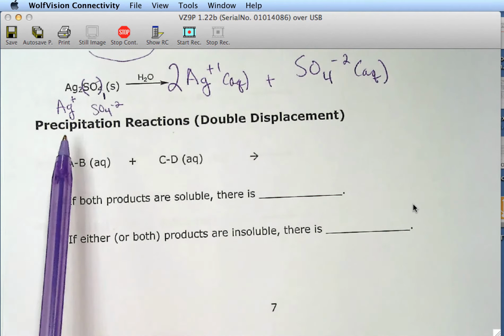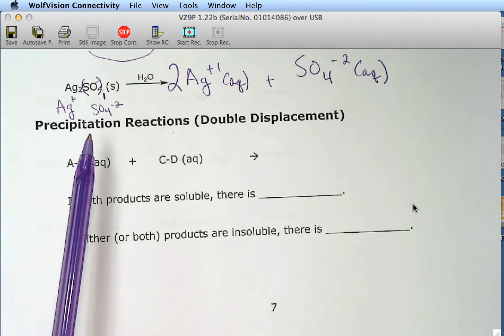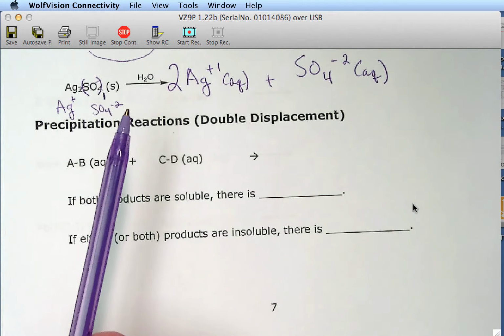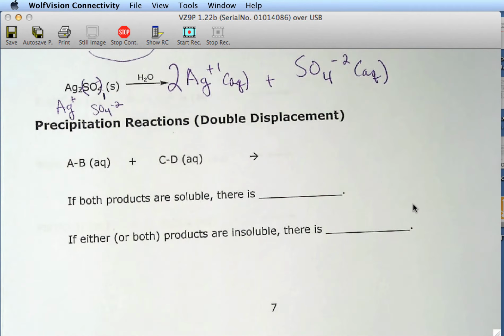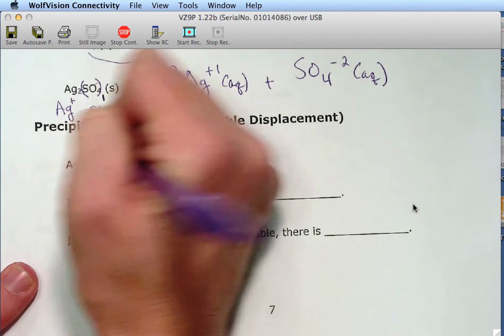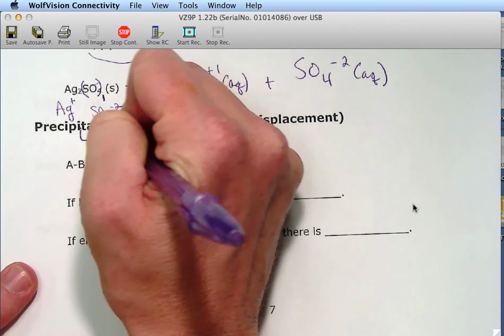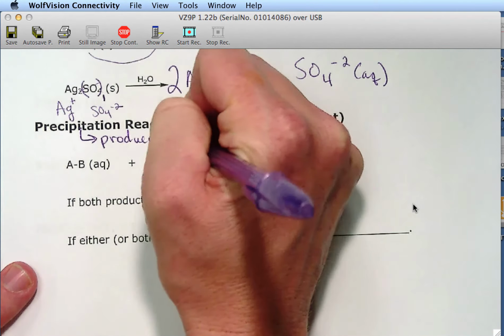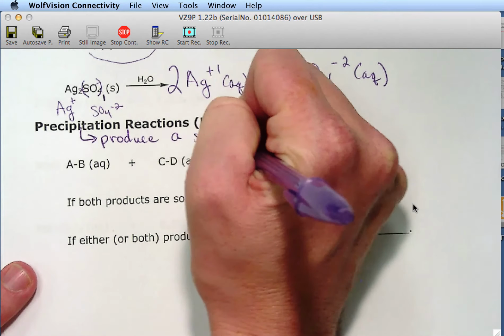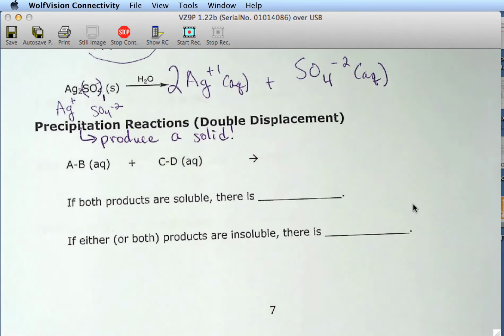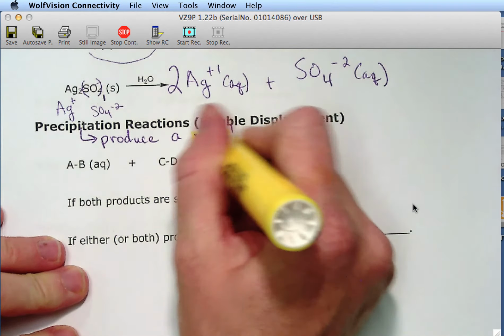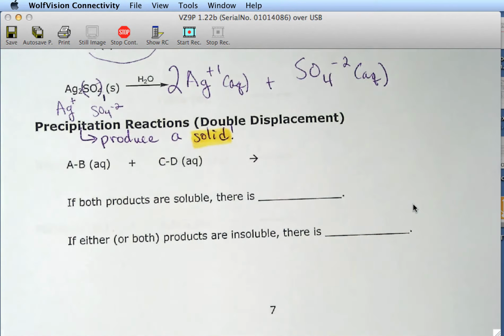In chemistry, when we say precipitate, we mean a solid. So these are reactions in which a solid forms. So these produce a solid. What's the symbol for solid?